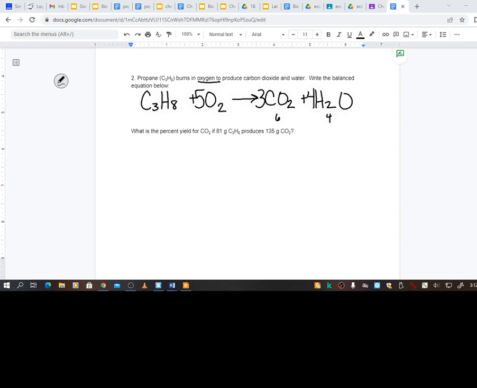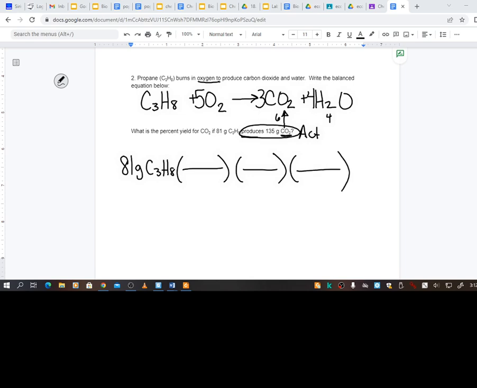Now, it wants to know what is the percent yield for CO2. It's 81 grams produces. There's my actual. And then it also lets me know which product I'm going to be using, the CO2. So let's take the 81 grams of C3H8, do a 3-step problem to get grams of CO2. All right, C3H8, that is 44 grams if you look at your periodic table and use it in 1 mole.